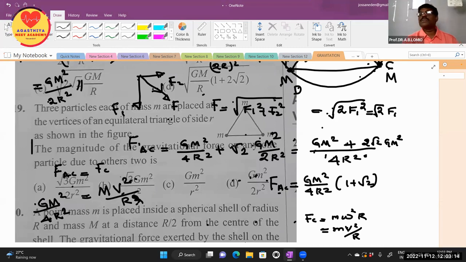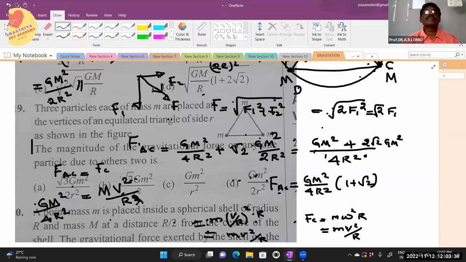Will it be R or R squared here? Because M omega squared R, what can we do? It is V by R whole squared into R, which gives MV squared divided by R only. Understand? Yes, sir.